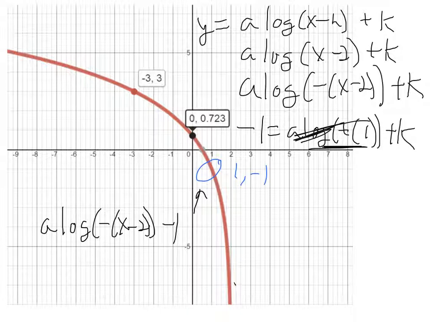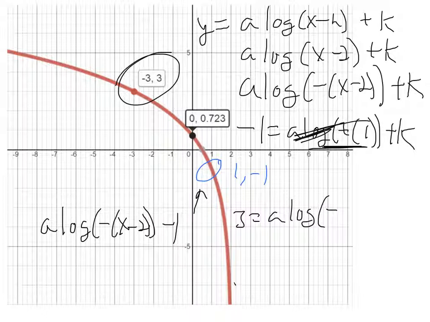Now maybe it's time to use one of these other points, and that one looks much more tame than the other one. So 3 equals a times the log of negative, well, let's see, -3 minus 2 is -5, minus 1.